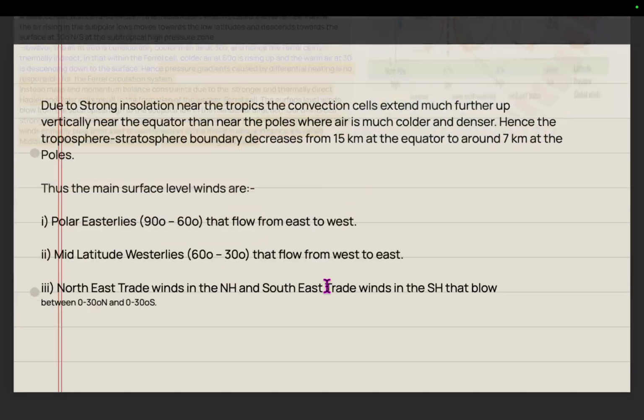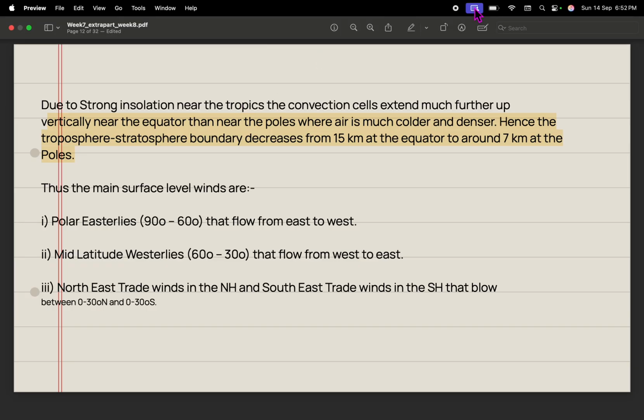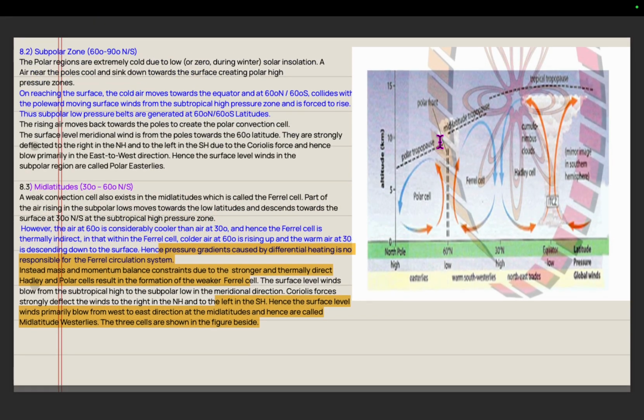Now you can see, due to strong insolation near the tropics, the convection cells extend much further up vertically near the equator than near the poles, where the air is much colder and denser. Hence the troposphere-stratosphere boundary decreases from 15 km at the equator to about 7 km at the poles.